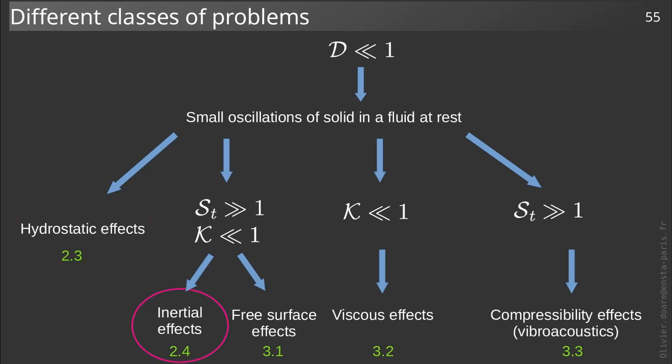Then, neglecting viscous and compressibility effects, we will focus on the stress fluctuation to highlight inertial effects. In the next 3 videos, we will make different approximations and highlight the influence of free surface dynamics on the dynamics of the structure, the effects of viscosity, and the influence of acoustic radiation on the dynamics of a structure.